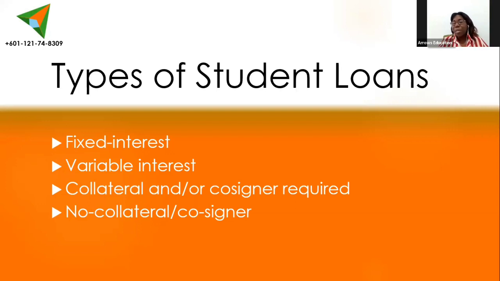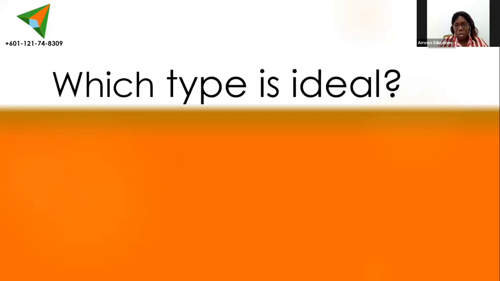And then that means the value of your collateral has to be substantial enough to cover the loan that you are being given. A cosigner is someone who is standing surety for you, saying, if this person doesn't pay back, I am going to pay. And then you have the no collateral, no cosigner loan type, where it's just free. You don't need to present anything. They just give you the loan on the basis of certain other conditions.